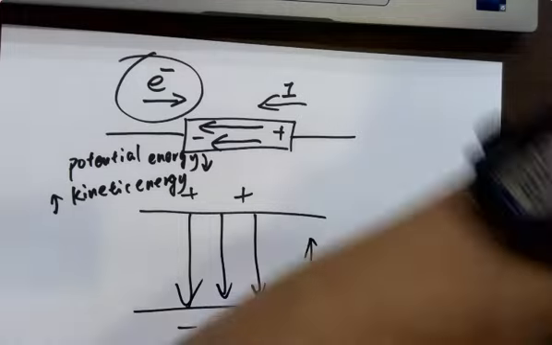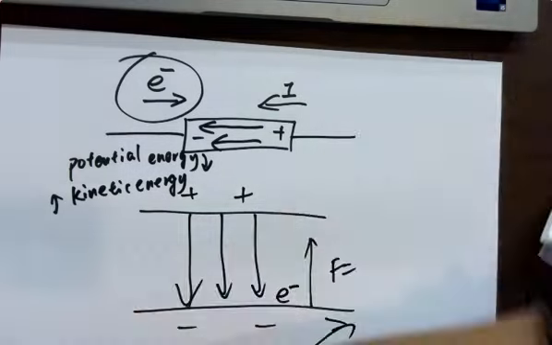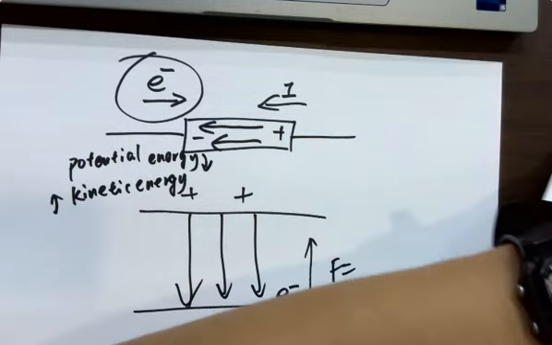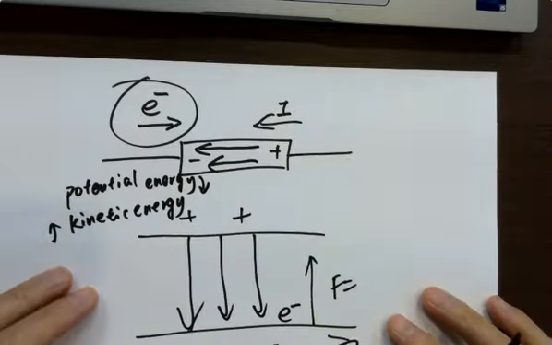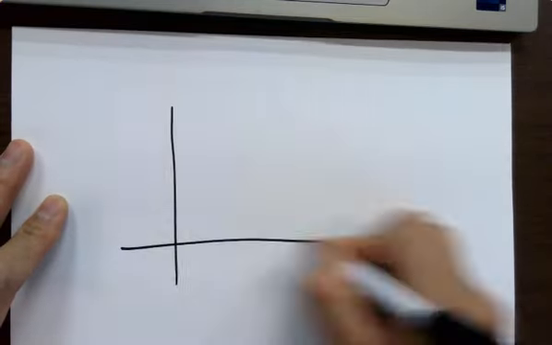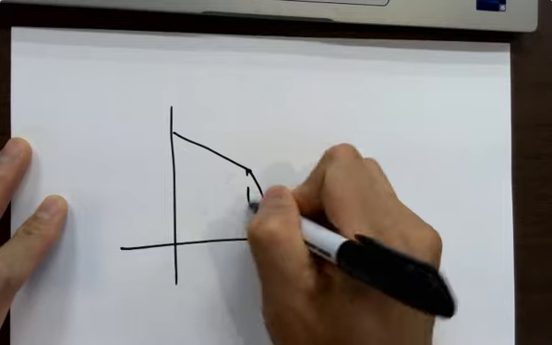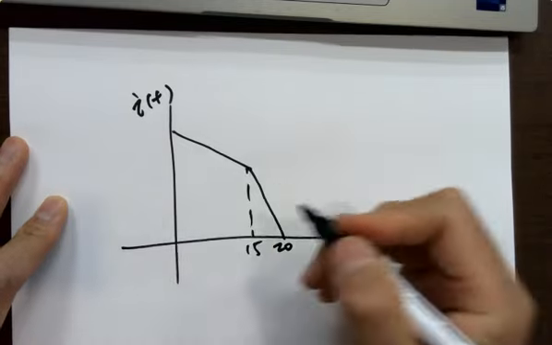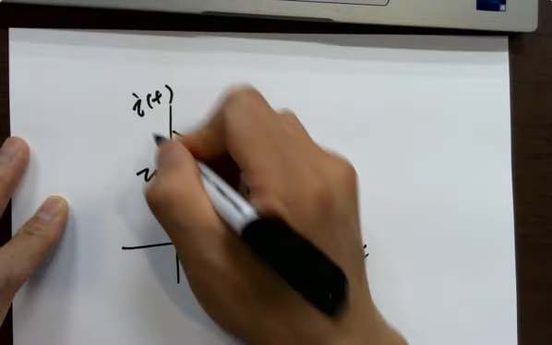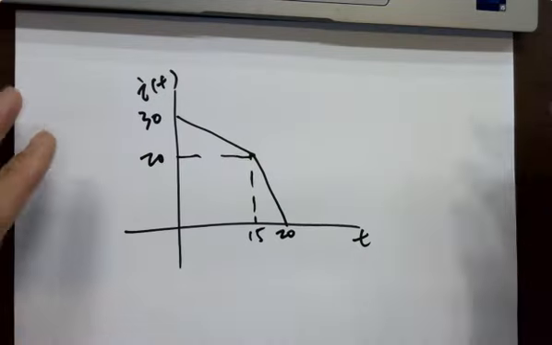Let's see if we have any other questions for tutorial 1. For one of the problems, to get the linear equation for the current, this is 15, this is 20, this is I(t), this is t, and this is 20, 30, high school algebra.